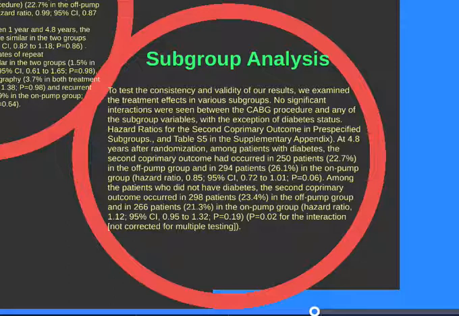At 4.8 years after randomization, among patients with diabetes, the second primary outcome had occurred in 250 patients in the off-pump group. Among the patients who did not have diabetes, the second primary outcome occurred in 298 patients in the off-pump group.